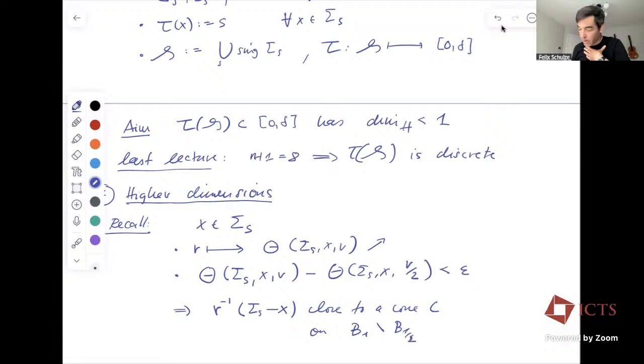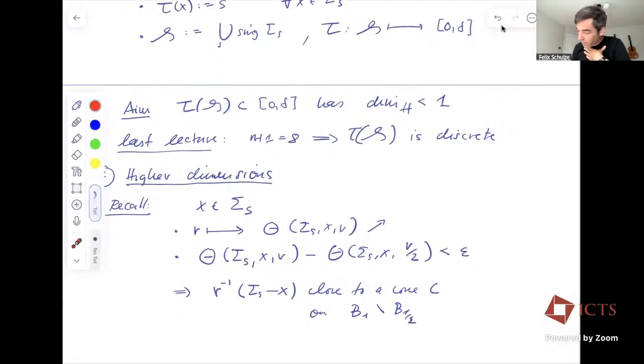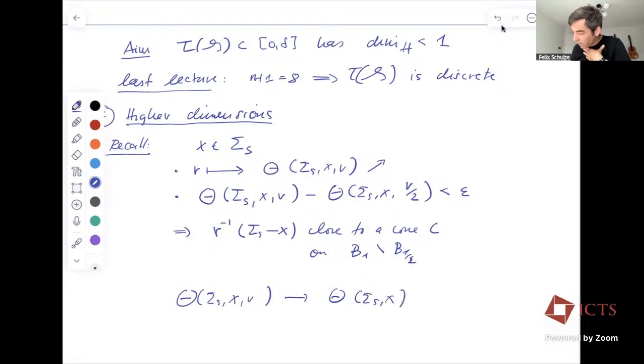Now you have to look at this. As a reminder, we know that theta of sigma s, x, r converges to the density as r goes to 0.